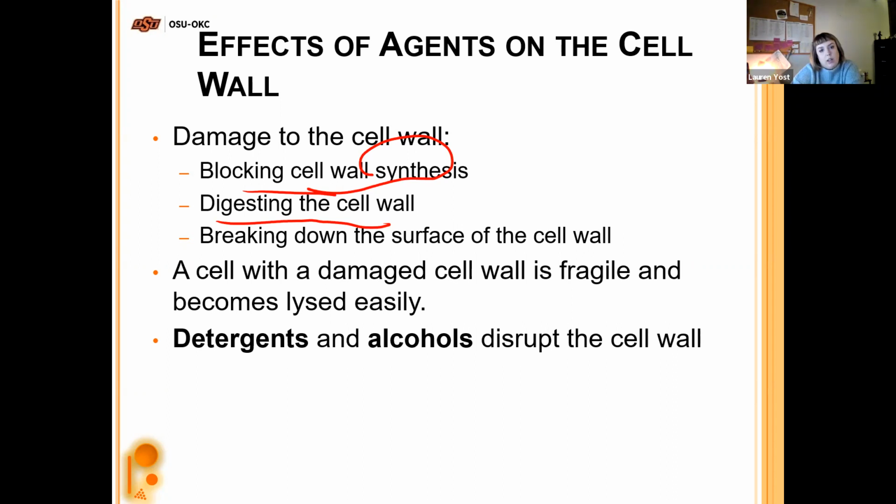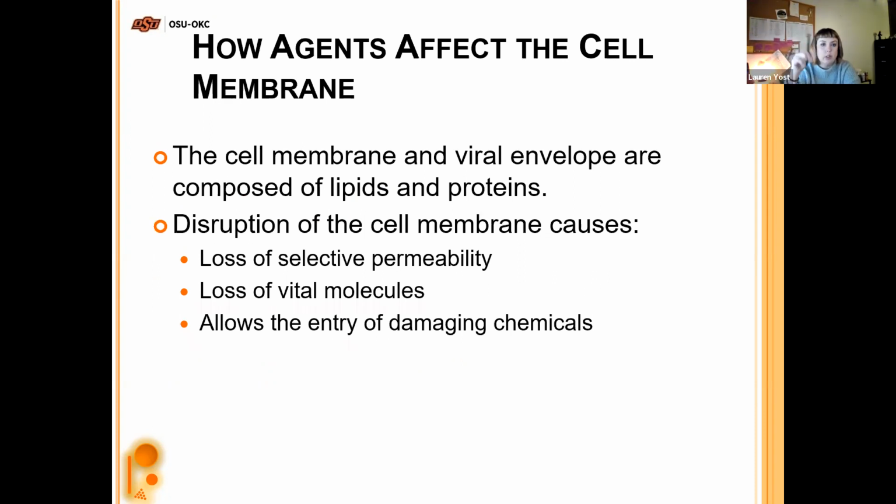Anything like that is going to allow us to treat that bacteria more efficiently with other things. So the cell will be damaged more and lysed more easily. We can break it open more easily. So then things like detergents and alcohols will do this. They'll disrupt that cell wall with their chemical properties.